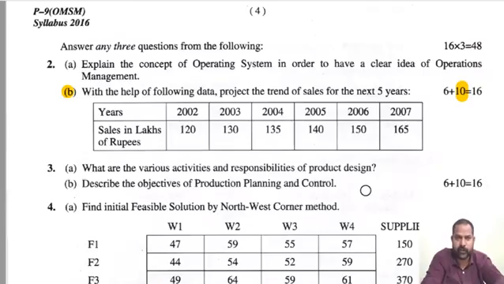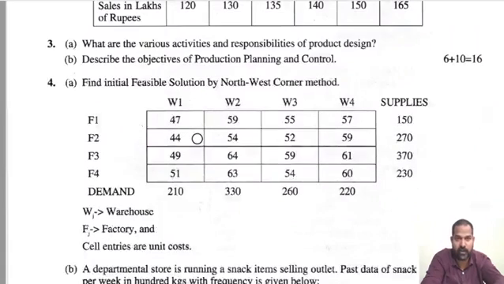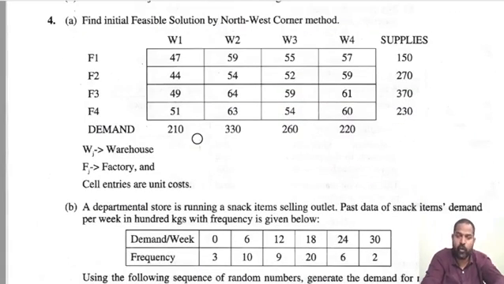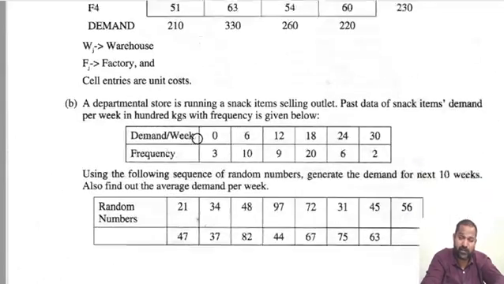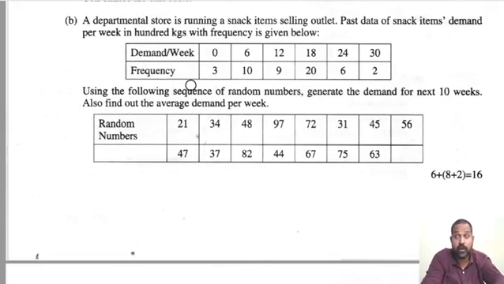In the December 18 question paper, 2A theory, 2B is done under forecasting, 3AB theory, 4A is going to be transportation, 4B is, yes, 4B is what we did now, which is simulation.